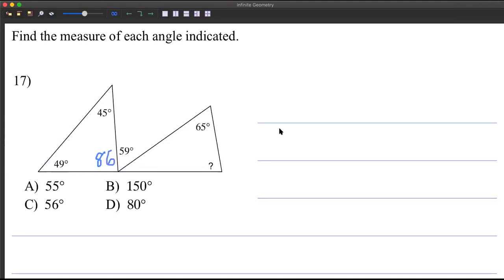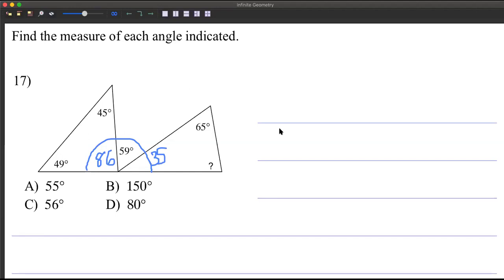And then, what do you know? Check this out. These three angles, don't they have to add up to 180, because those three together would make a straight line? So let me do 180 and take away the 86 and the 59. That means this missing angle right here is going to be 35.